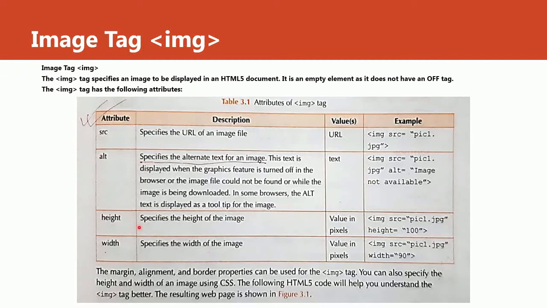So before you start creating the HTML document for inserting an image, you need to know these following attributes. If you do not know and do not understand these attributes, then it will be difficult for you to create it. So SRC, you need to remember this: SRC, alt, height, width. So when you type the IMG tag, between this tag only you will type.